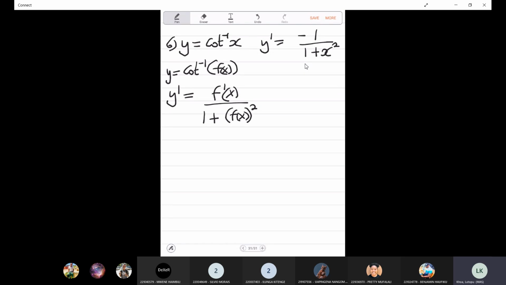So just like with our table of standard derivatives, we use this when we're working out the derivatives of arc-trig functions.